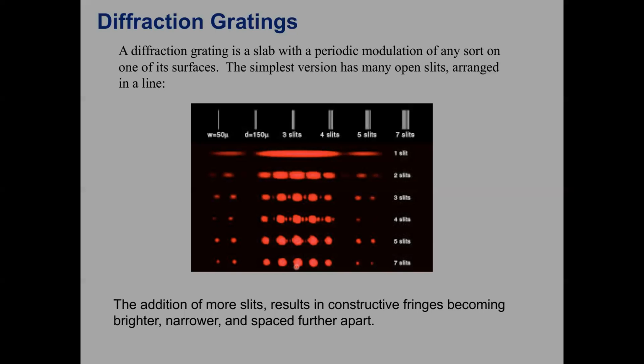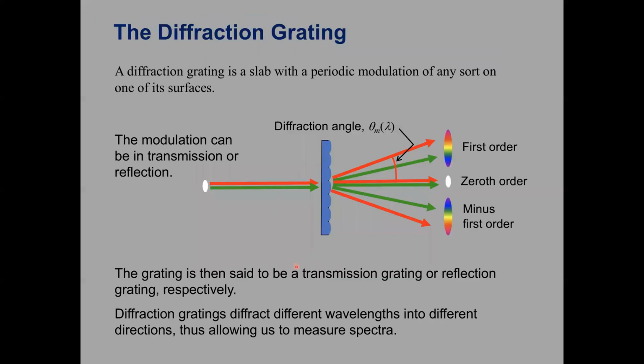As a cartoon for what this pattern looks like, we could see something like this. We can imagine taking this structure with our modulation of the transmission. So that's what this bumpy surface here on this block represents.